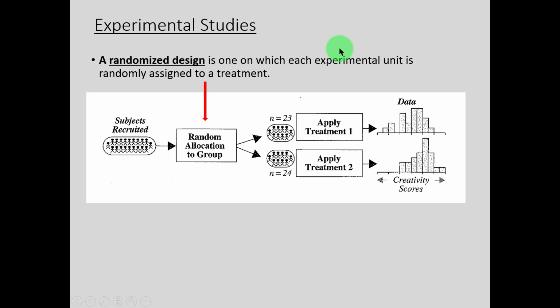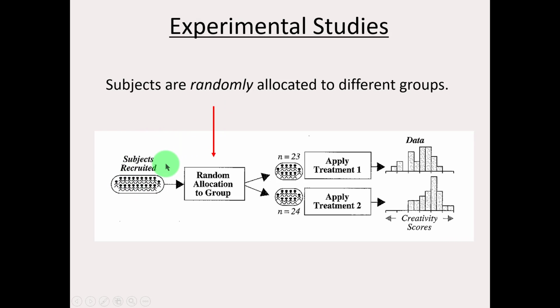In an experiment, it is possible to utilize a randomized design in which each subject or unit is randomly assigned to a treatment. There are subjects. They could be people, they could be plants or dogs, and they are exposed to different treatments. Maybe one group of subjects will take the red pill and another group of subjects will take the blue pill.